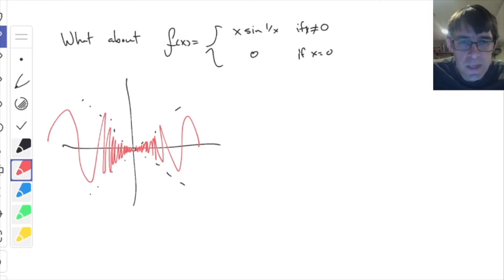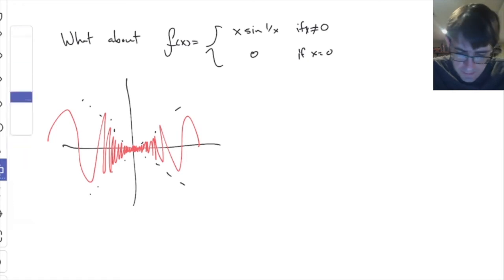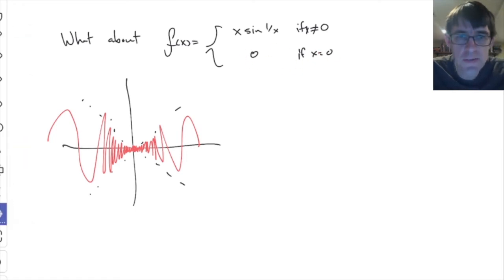And because I said the second piece, 0 at x equals 0, there really is a value right in the middle at the origin. If you didn't say this part of the definition, then this function is not defined at x equals 0 because you can't do 1 over 0 right here. So you have to plug the hole by putting that in.